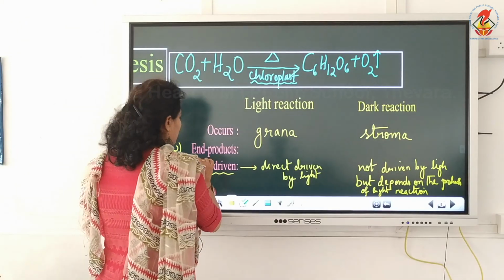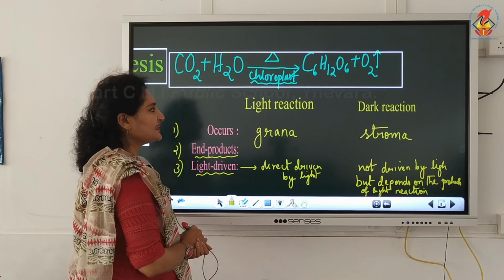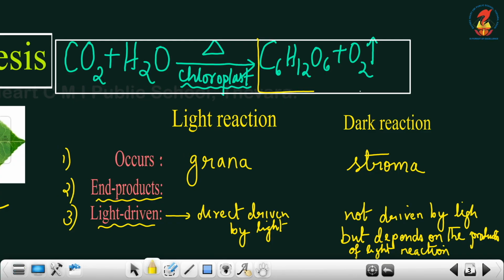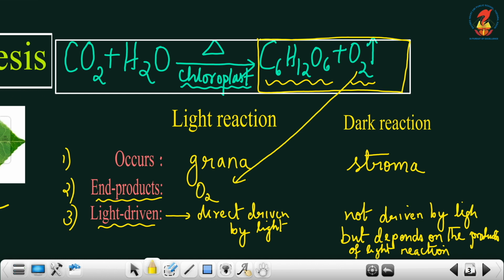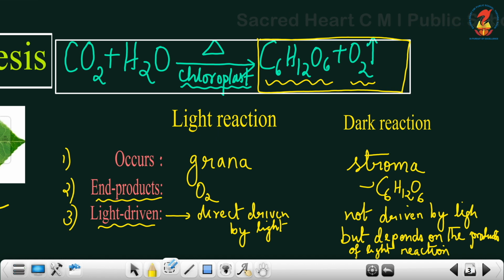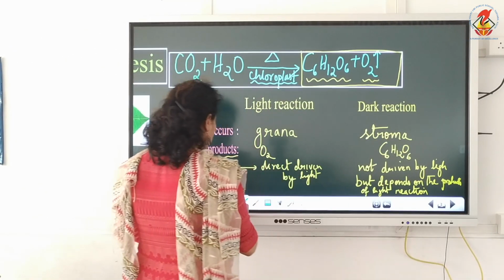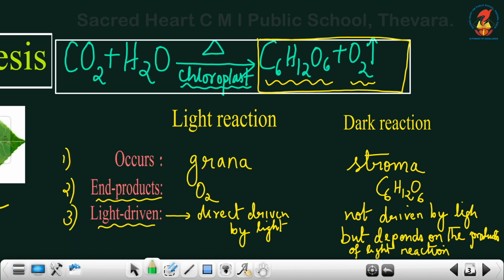And the third aspect we are going to see is the end products of light and dark reaction. Now, when you analyze this equation, you know the end products of photosynthesis are glucose and oxygen. So remember, oxygen is the end product of light reaction, whereas glucose is the end product of dark reaction. So definitely the product should be present in the reaction. Oxygen is emitted during the light reaction and glucose is produced during the dark reaction. In addition to oxygen, what else is produced?